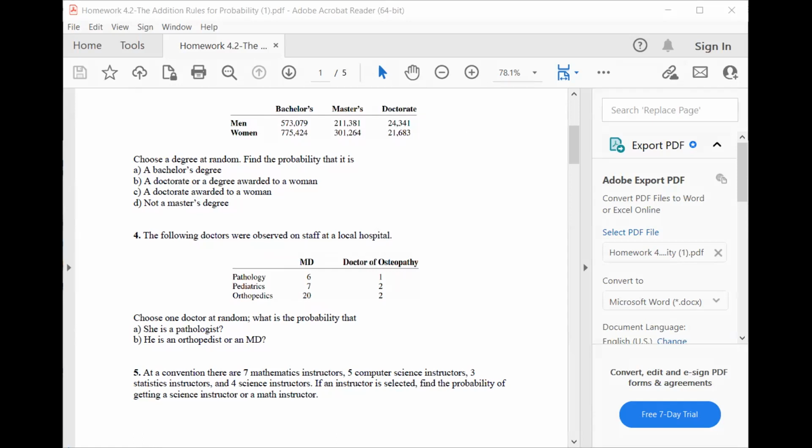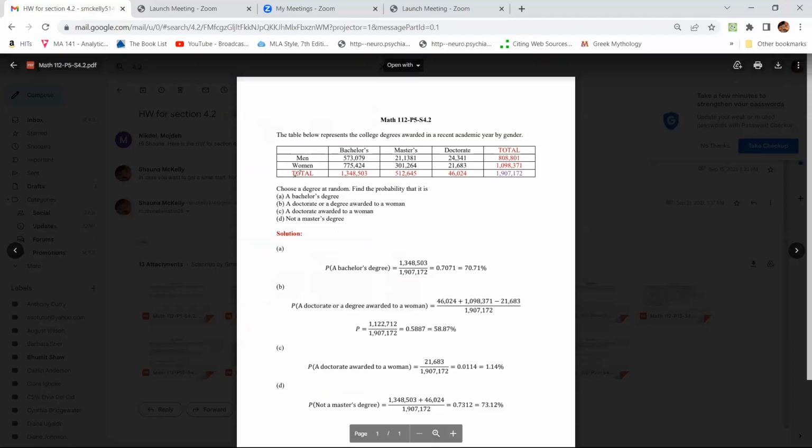So when you work this out, if you add 573,079 plus 211,381 and 24,341, you get 808,801.